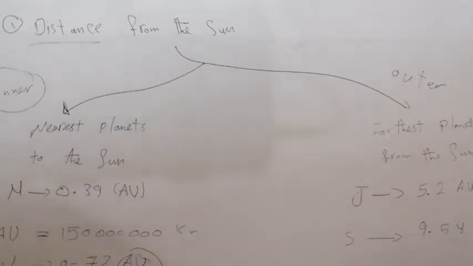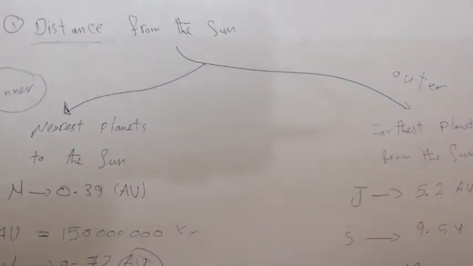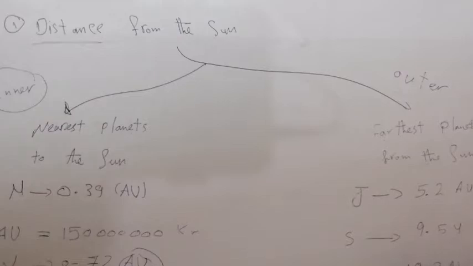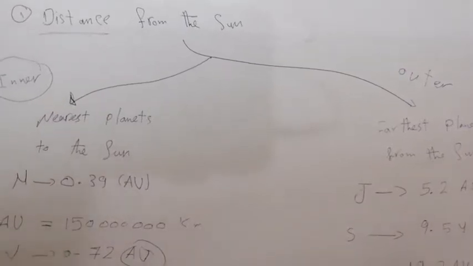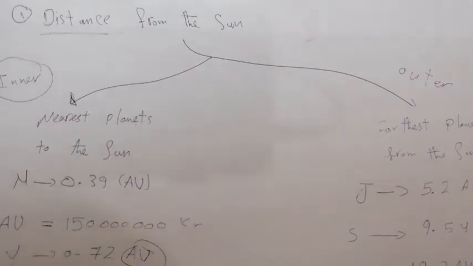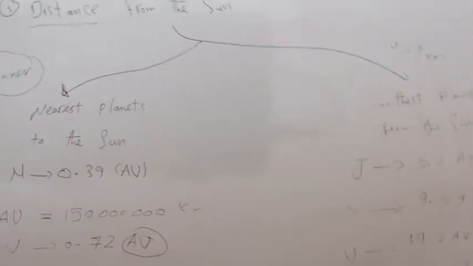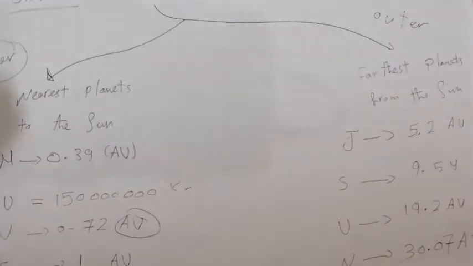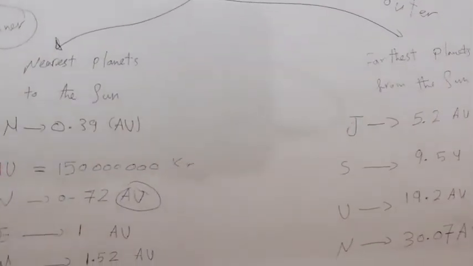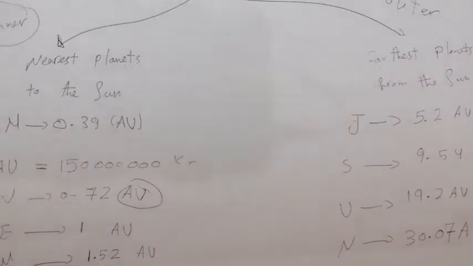Uranus, 19.2 AU. The farthest planet from the sun, Neptune, 30.07 AU. Now, is there a difference between them in distance?